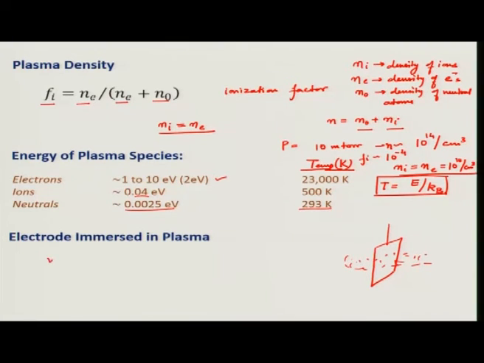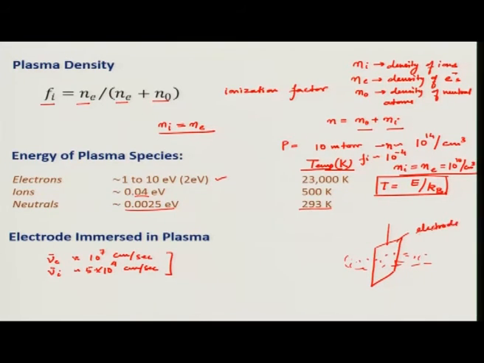The velocity of electrons in plasma is of the order of 10 to the power 7 centimeter per second, compared to ions which is around 5×10⁴ centimeter per second. So, you can say that on average more electrons are impinging on my electrode.